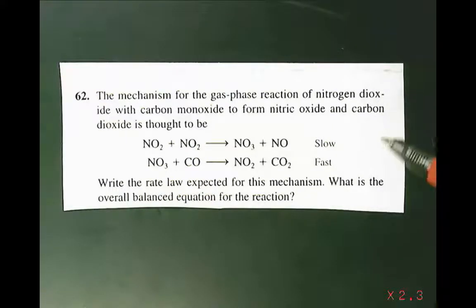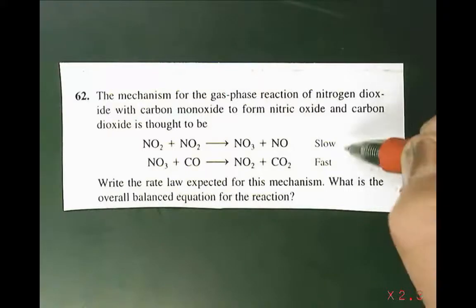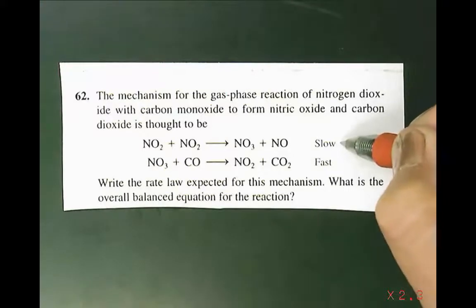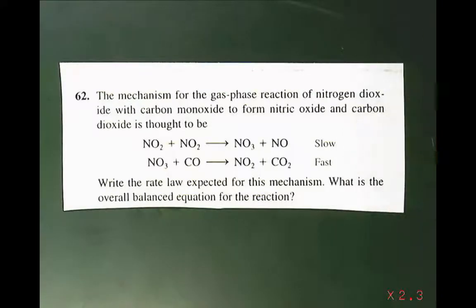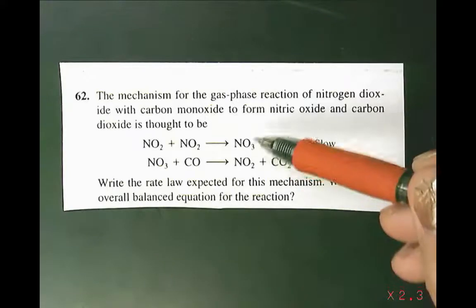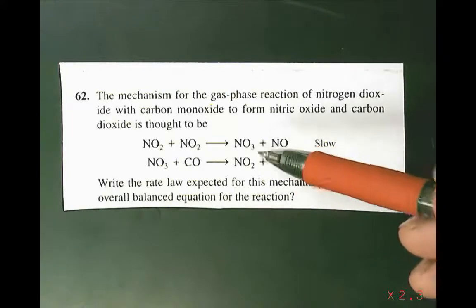And so what will be the rate law? Well, the rate law gets written from the slow step. This is the rate determining step, the step that determines how fast the reaction will go. Then let's get the overall balanced equation to show that this is a plausible rate law.